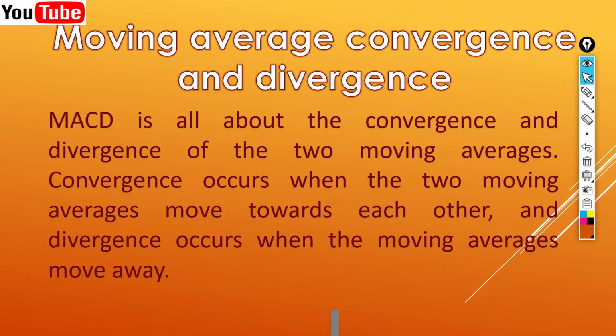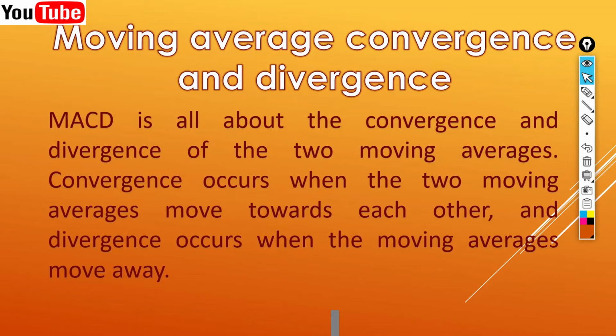But the MACD line is based on the 12-day exponential moving average and 26-day exponential moving average. It is the difference between these two moving averages. So convergence will occur when these two moving averages move towards each other, and divergence occurs when these two moving averages move away from each other.